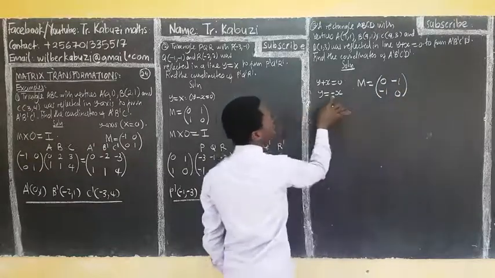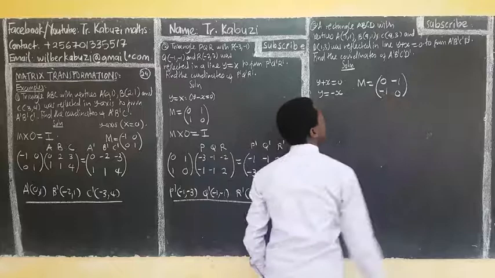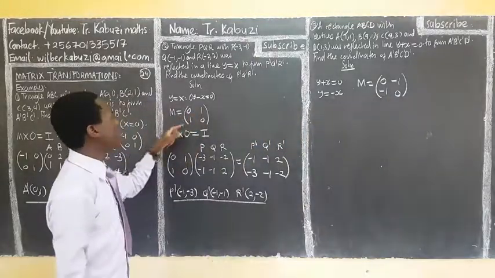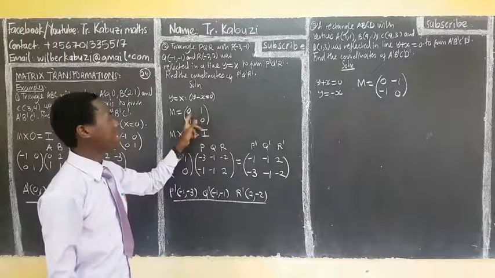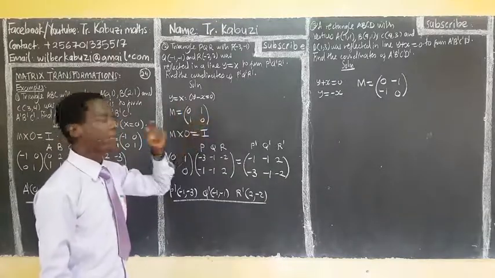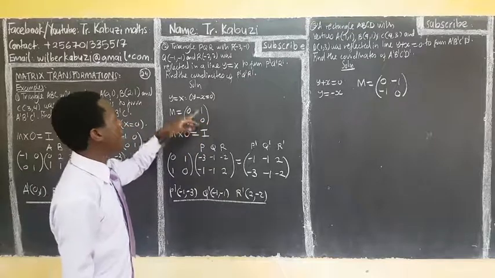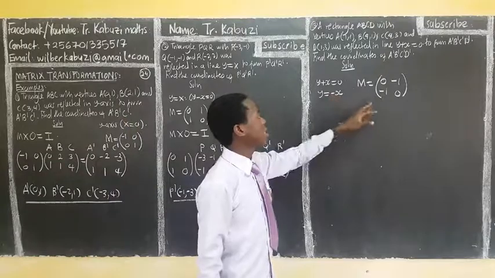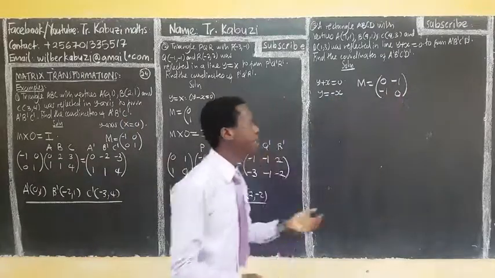If you have y is equal to negative x, the ones in the minor diagonal are going to be negatives. If you have this as a positive, the ones in the minor diagonal are going to be positive. For these two lines, the major diagonal is having 0, 0 entries, then the minor is having 1, 1. If it's positive, then if it's negative x, it has negative, negative. It's as simple as that.